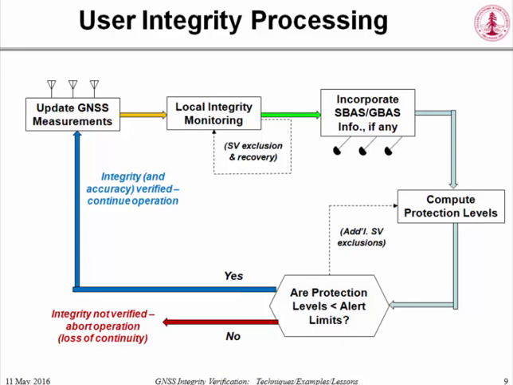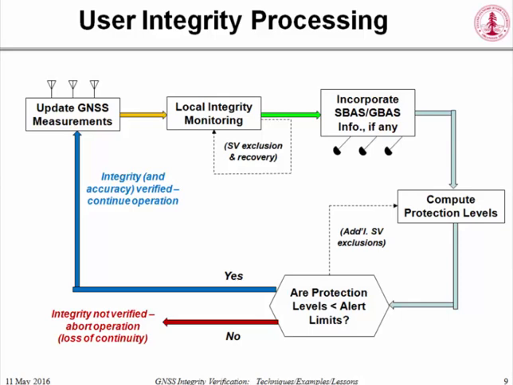So what he has here is a corrected and verified set of measurements with range domain error sigmas for each satellite. Now he can compute his protection level and compare that protection level to the alert limit for his operation. If the protection levels, vertical, lateral, and horizontal, are all within the alert limits, we verified that integrity and accuracy are met, and implicitly continuity is met. That's verified offline. So we just continue operation.